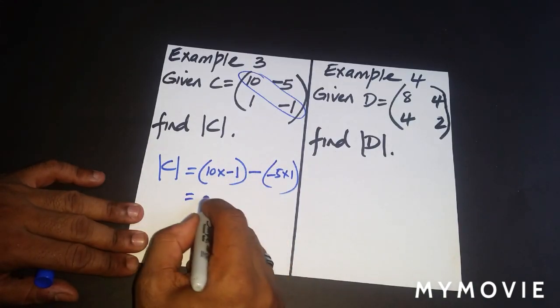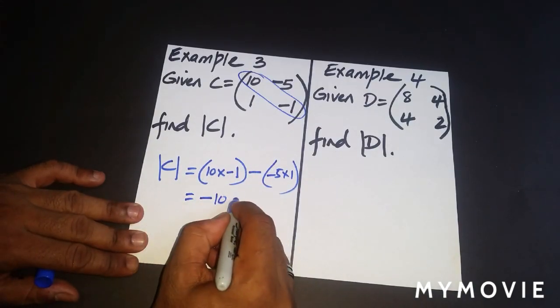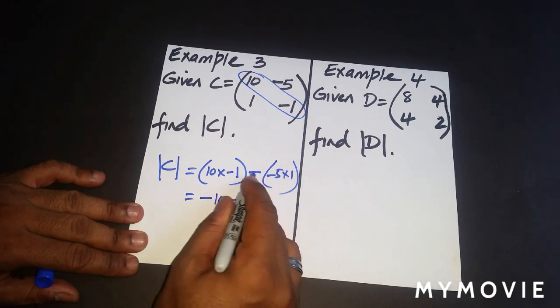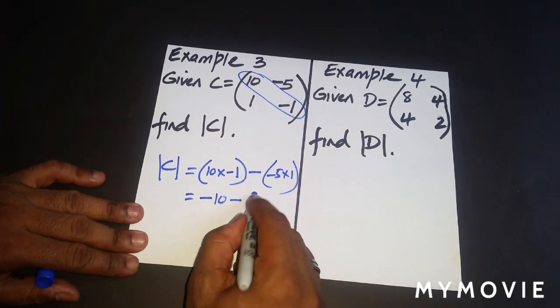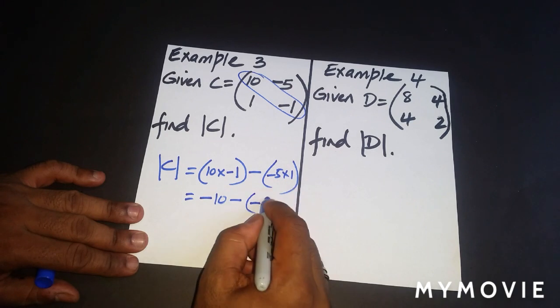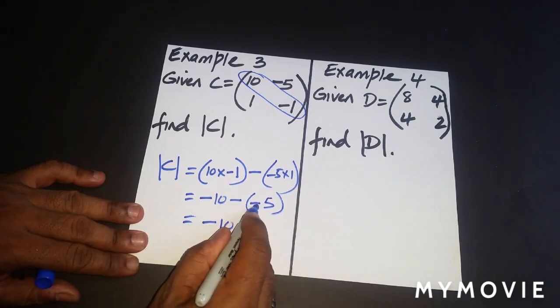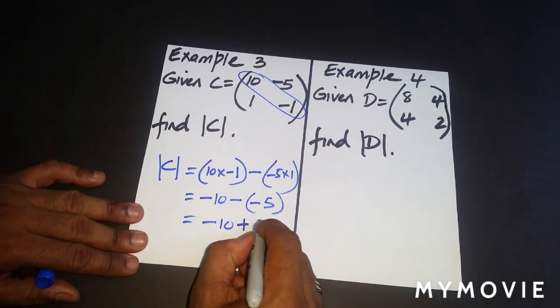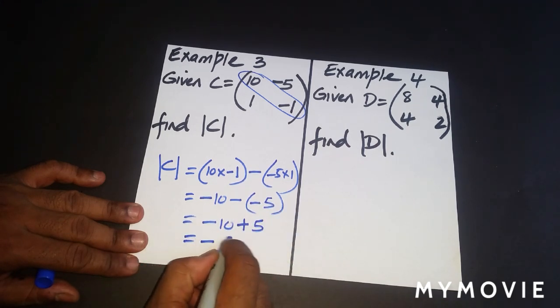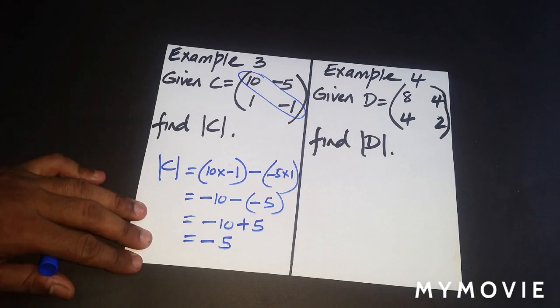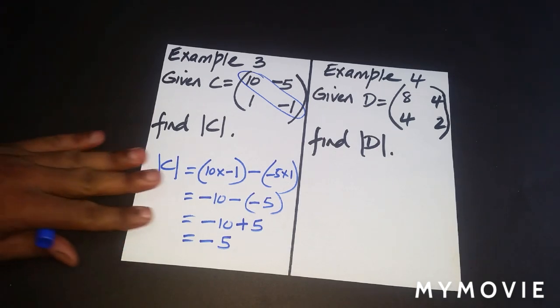So 10 times minus 1 is minus 10, minus, in brackets, be careful, this minus is different from the other minuses here. So minus 5 times 1 is minus 5. So negative 10, negative sign changes signs in brackets, so that would be positive 5, and we would have negative 5 for the determinant of matrix C.